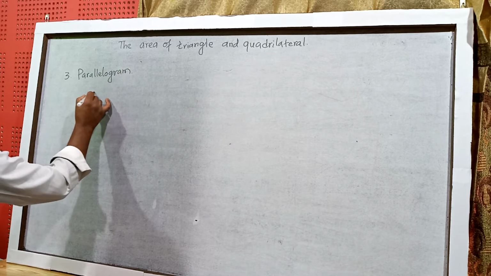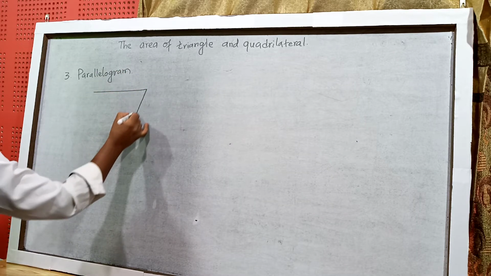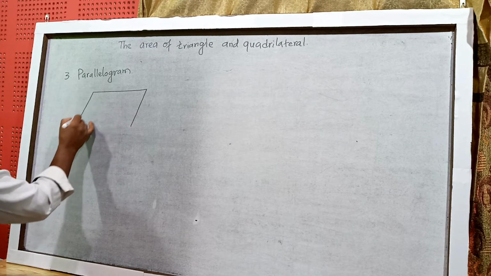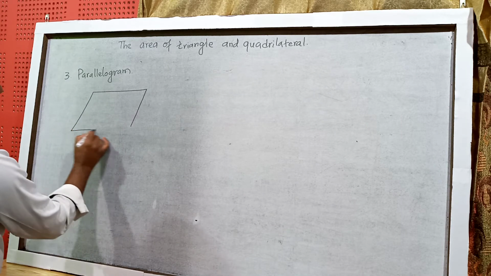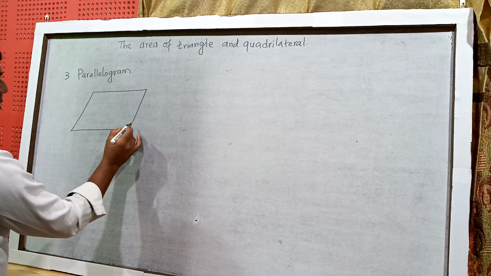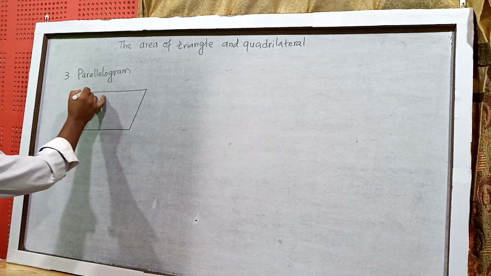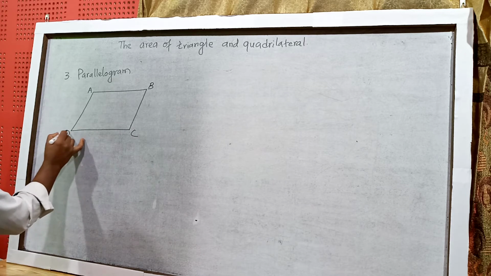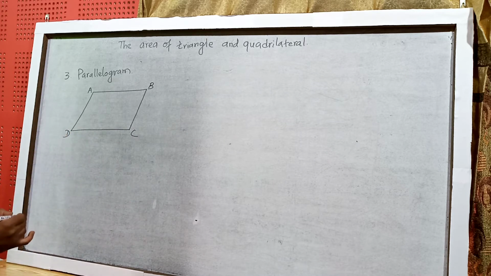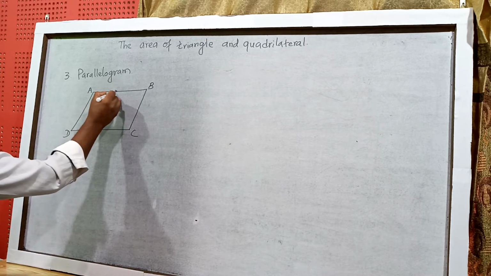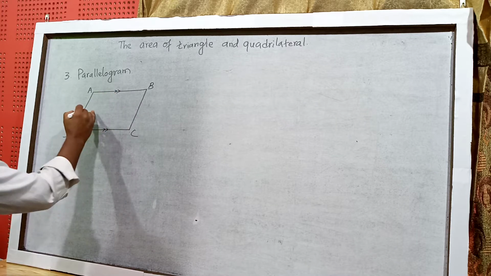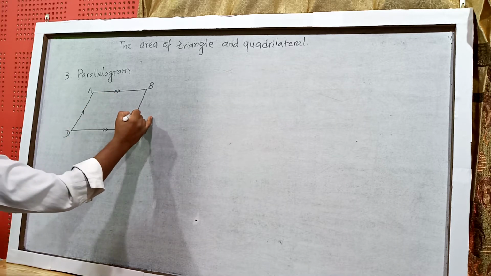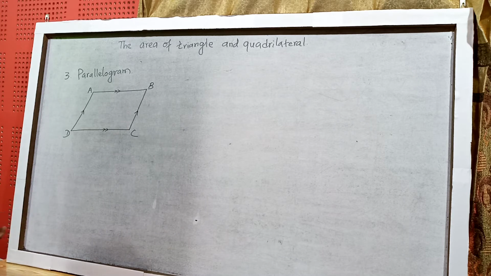Parallelogram: a quadrilateral in which the opposite sides are parallel is called a parallelogram. This ABCD is a parallelogram. Its opposite sides are parallel. If it has opposite sides parallel, then it is called a parallelogram.